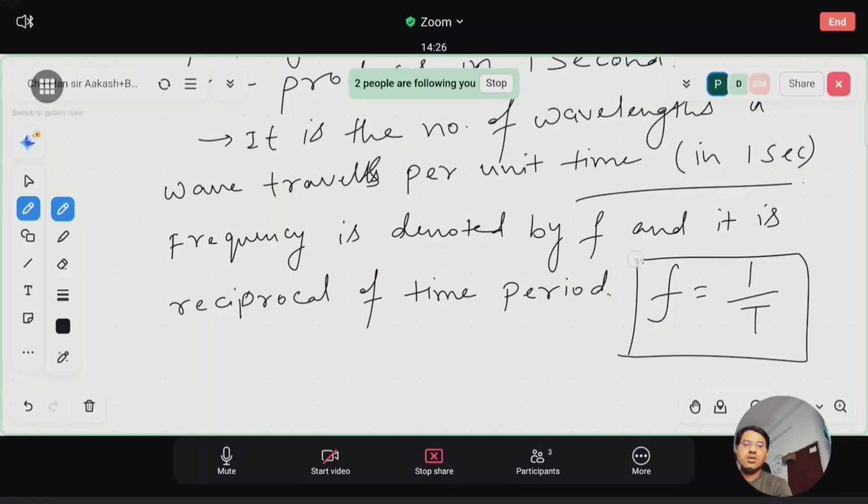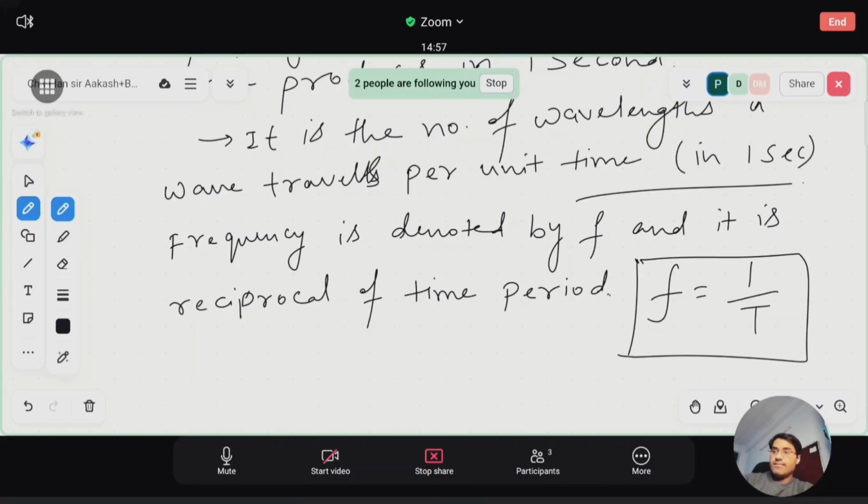You will say how? Because the time period was the time taken to travel one wavelength, and this is the number of wavelengths traveled in one second, per unit time. So it is basically the reverse of that. That's why time period and frequency are reciprocals of each other. So please remember, this is a very important point.